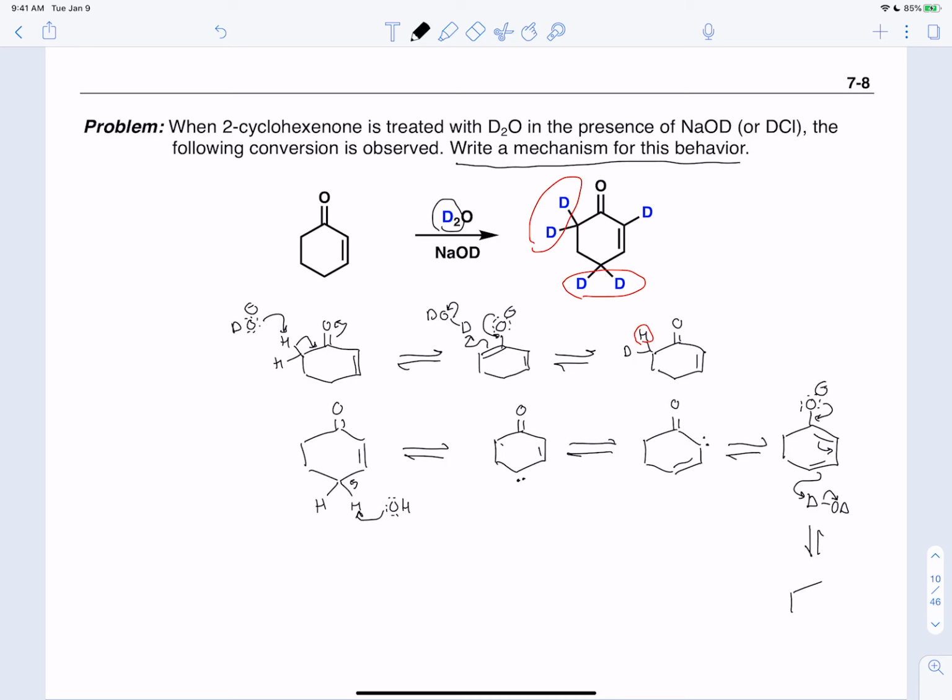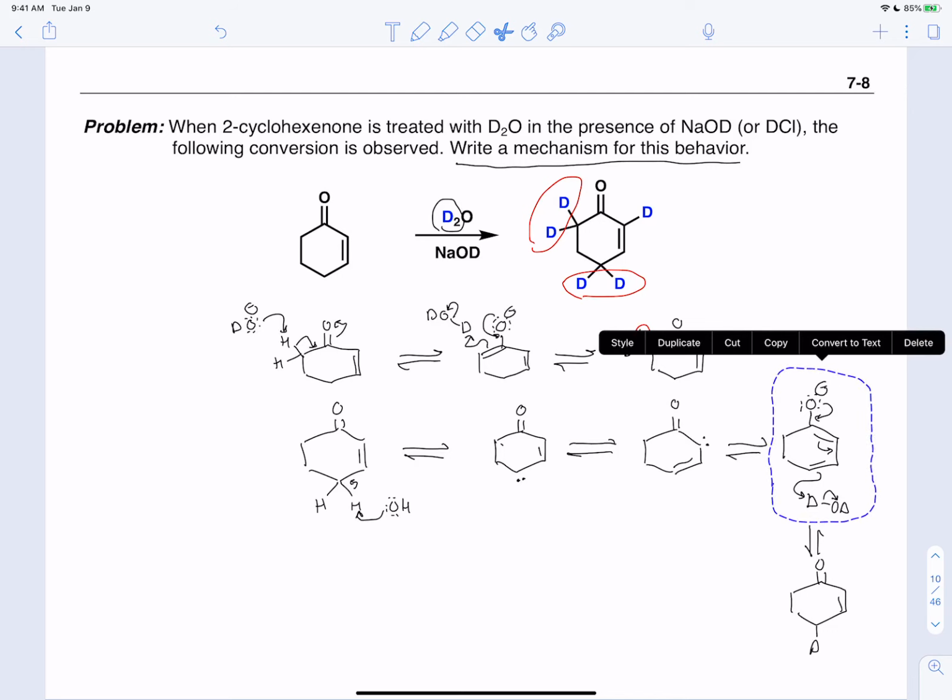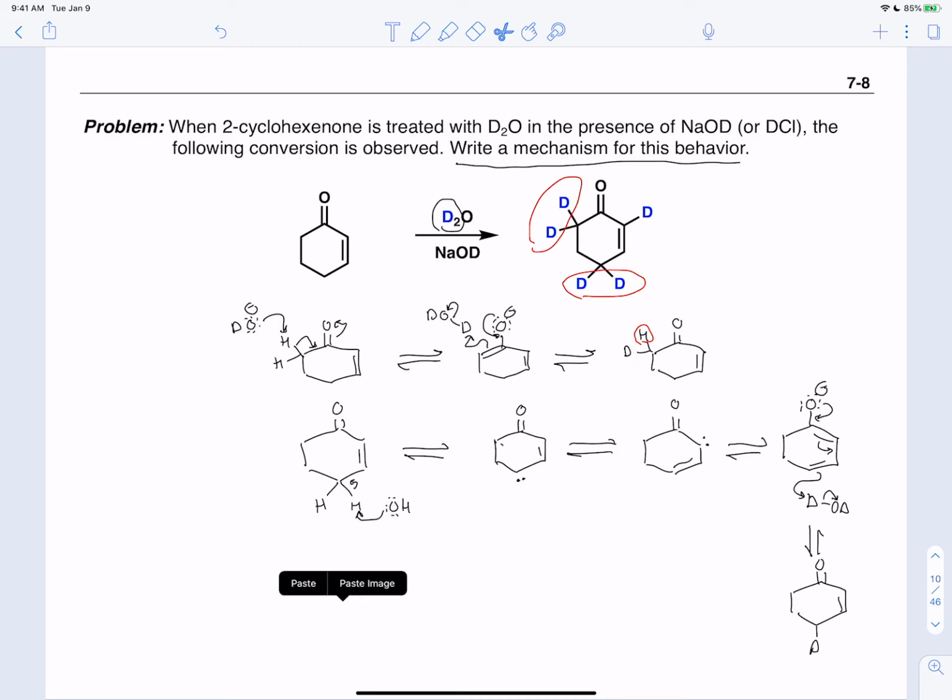Now we can install the deuterium right here. And again, another deprotonation would put it again in that same place. But it turns out we wouldn't necessarily need to go all the way through the molecule. I'm going to copy this same intermediate we just had, and let's take another look at it.